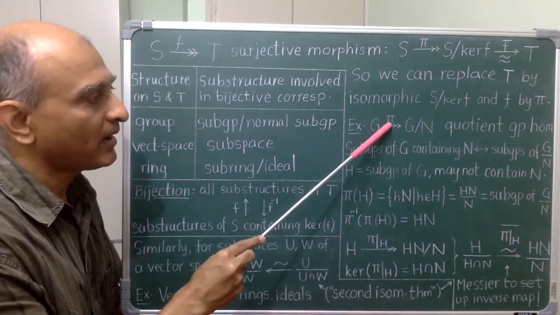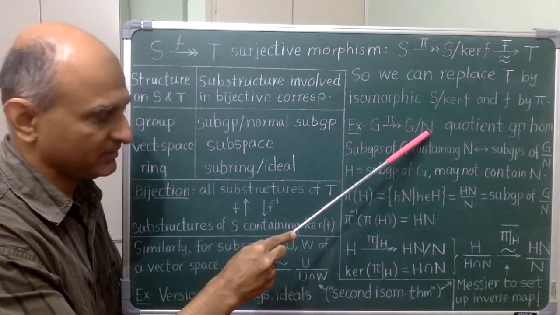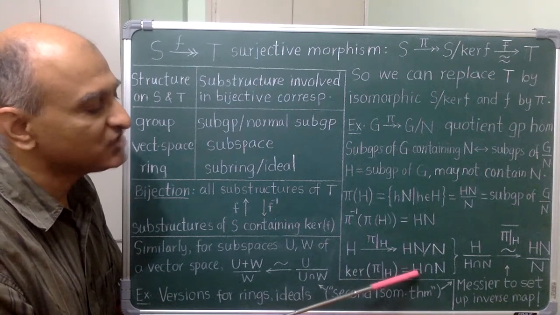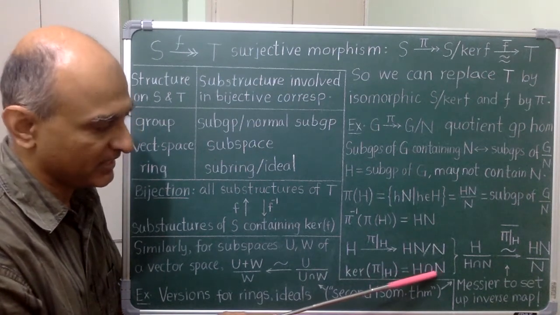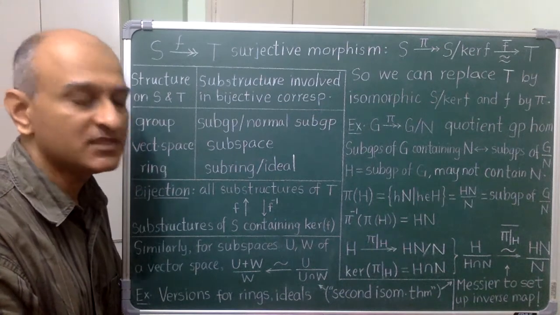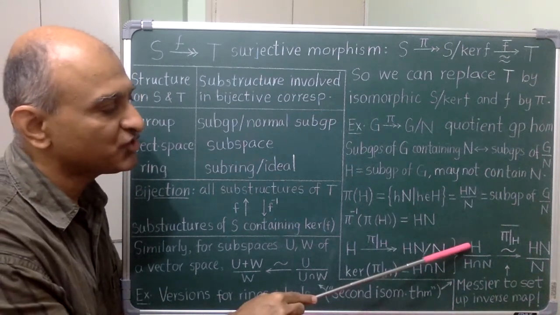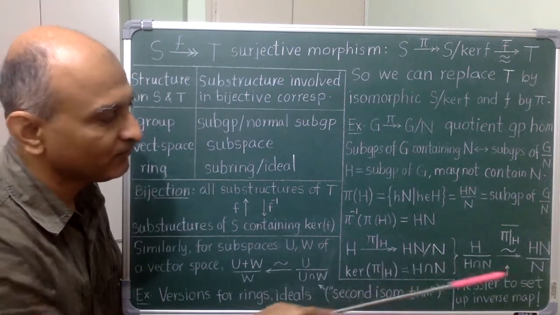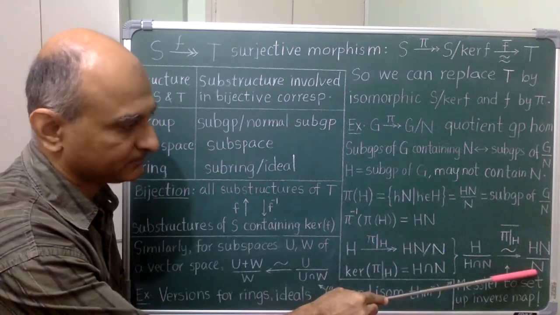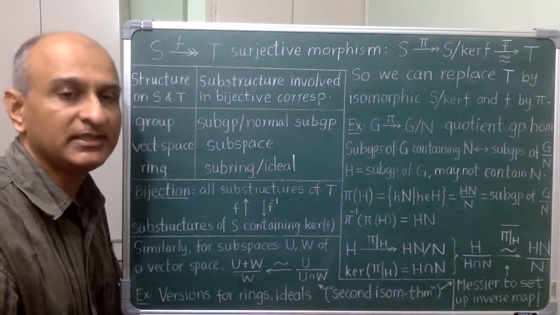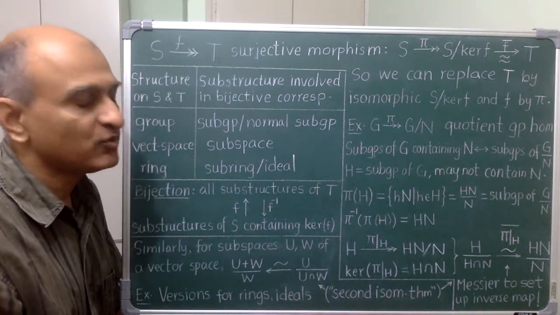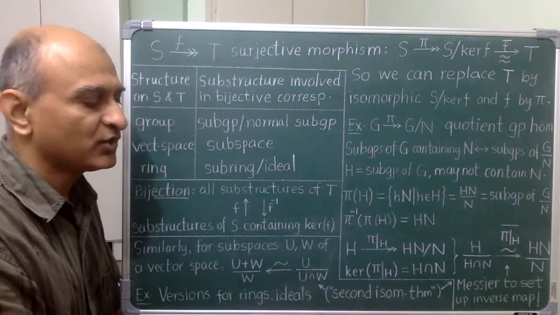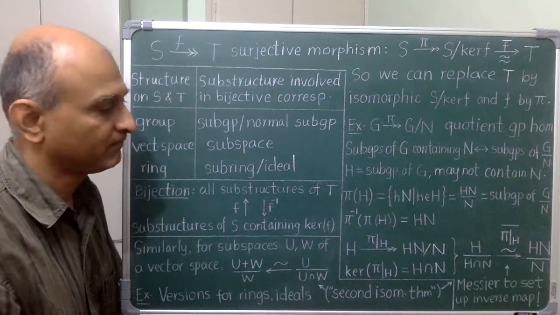The kernel of pi is the normal subgroup N. Therefore, when restricted to H, the kernel is just the intersection of H and N. Therefore, by the first isomorphism theorem, H modulo this kernel is isomorphic to the image HN mod N. To appreciate how cleanly this came about, you should try to define by hand the map in the opposite direction, and you will see that it is messier.